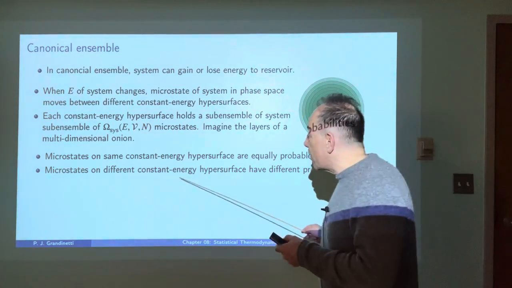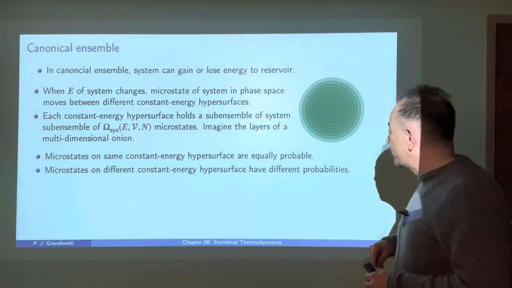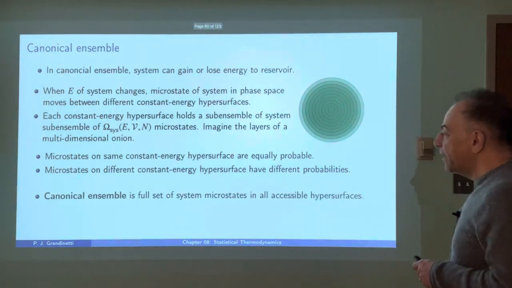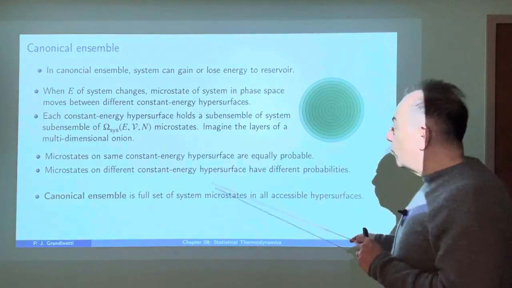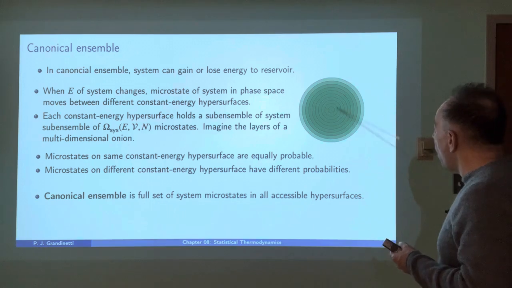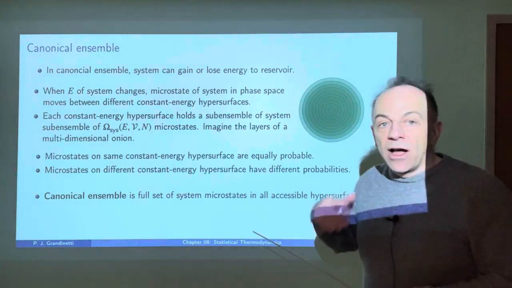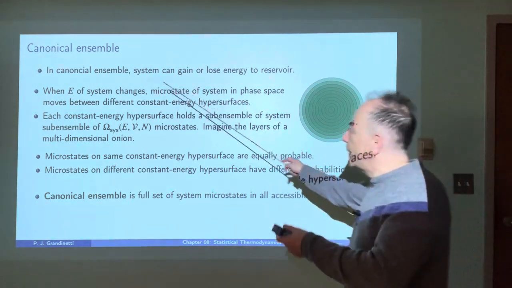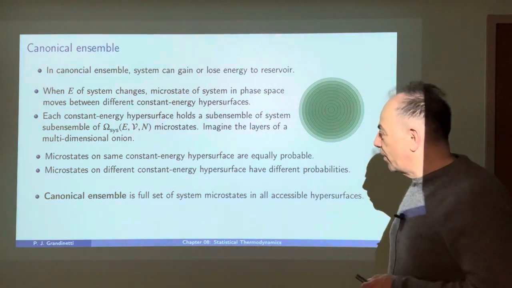But microstates that are on different constant energy hypersurfaces will have different probabilities. The canonical ensemble, then, will be the complete set of microstates from all of these constant energy hypersurfaces, and that is the ensemble that we're going to be working with in this situation here.